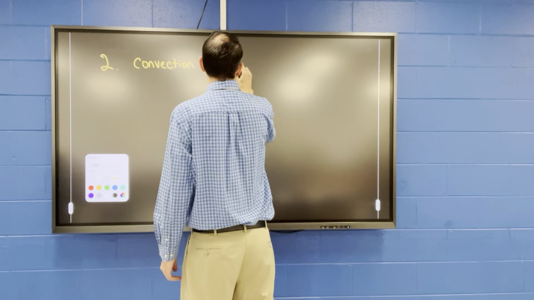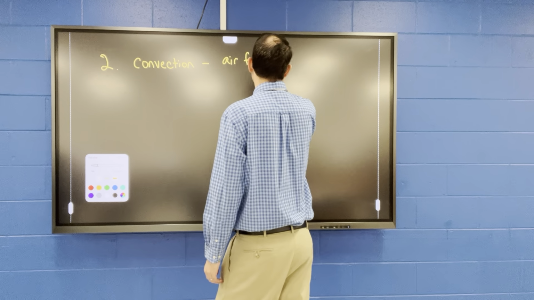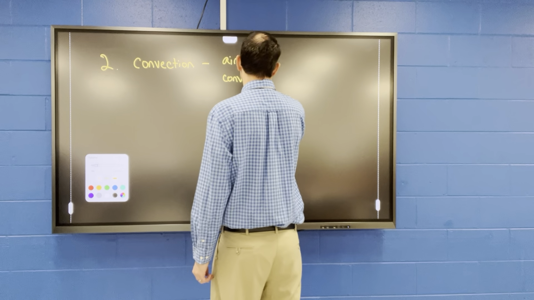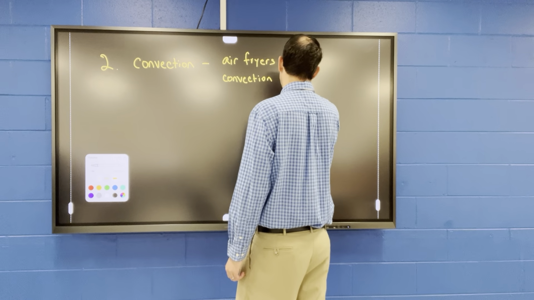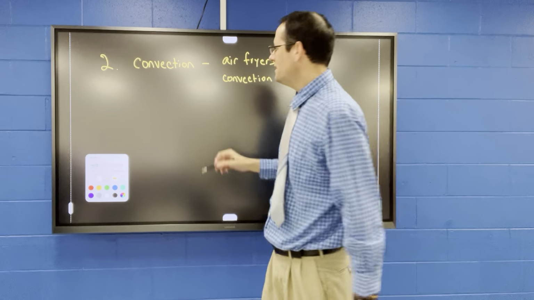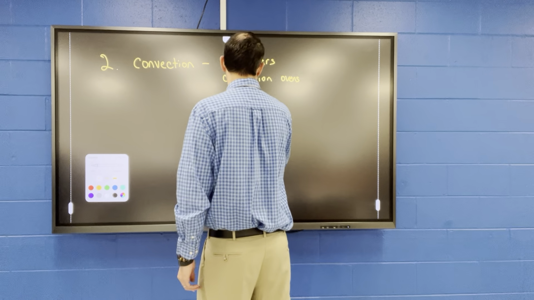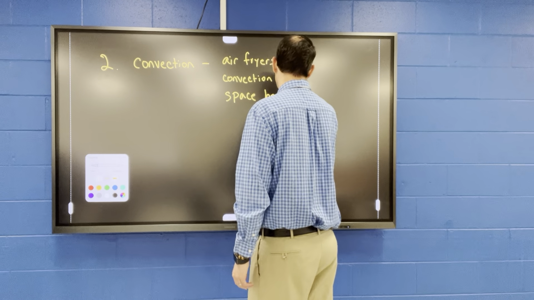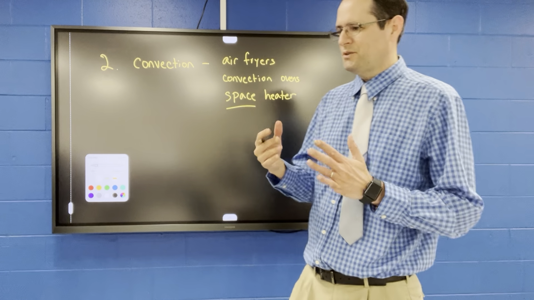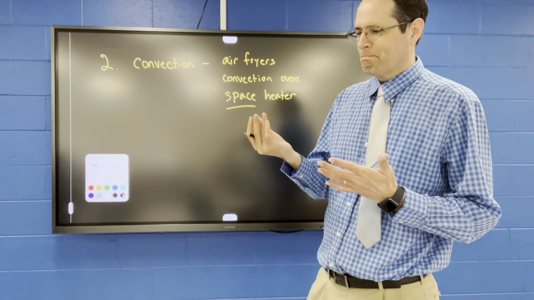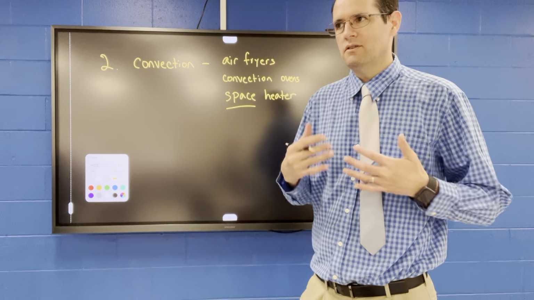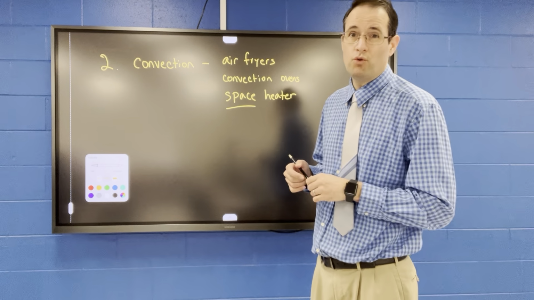So air fryers, convection ovens, that thing is called a space heater. Because it's designed to just heat up a small space, like your room or a closet or a basement if you're working in a very cold room.